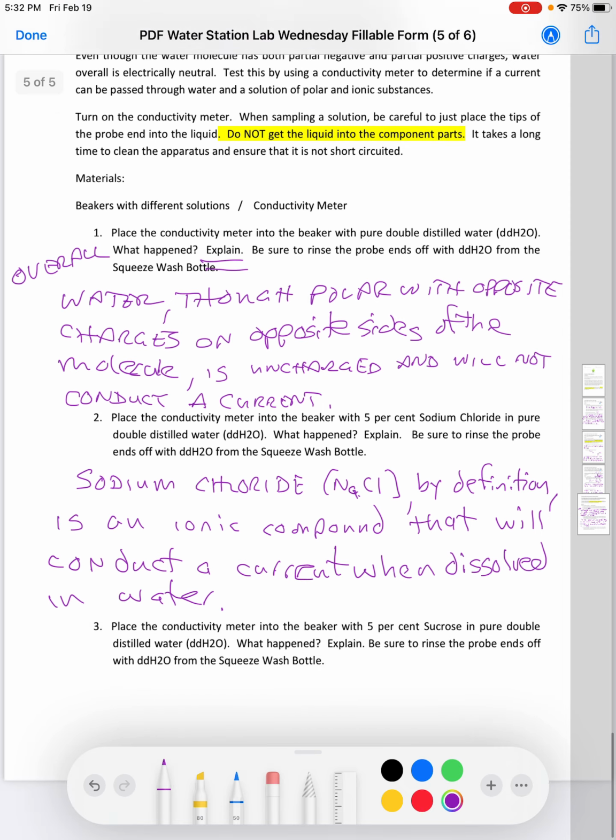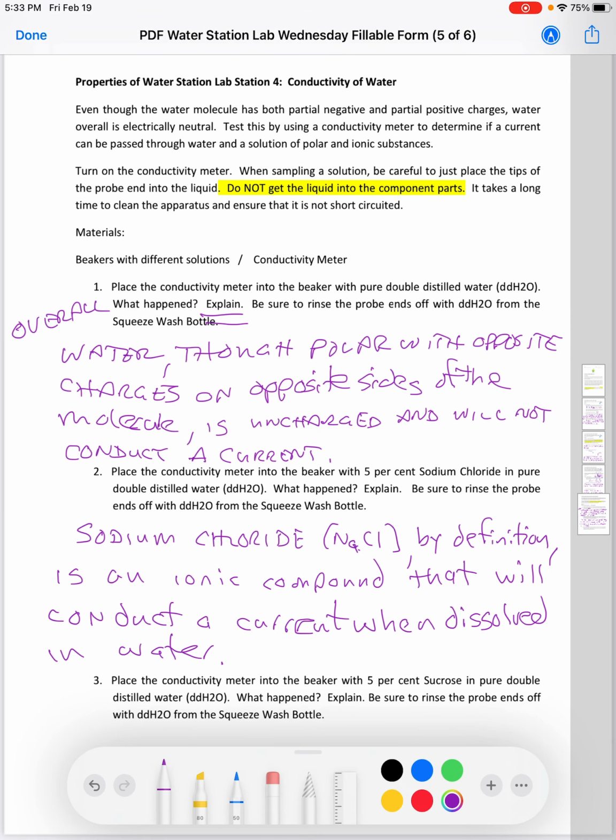So these are properties of water I think everybody should see and appreciate.